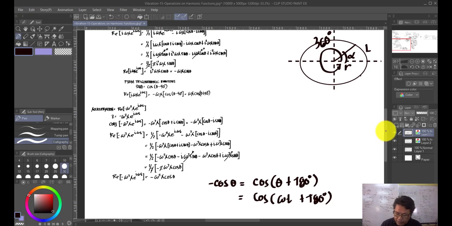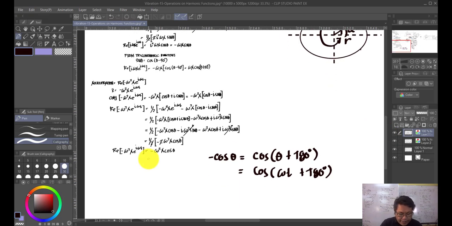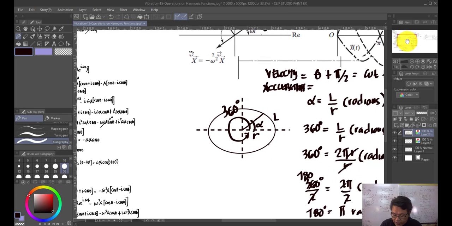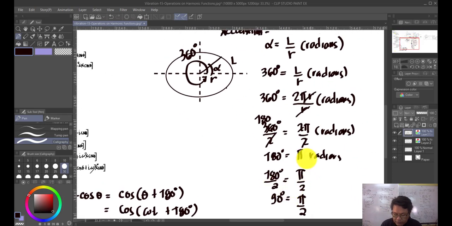Now we can rewrite my equation for the real part. If this is negative, it becomes a positive angular velocity squared times my amplitude, multiplied by cosine of angular velocity times time plus 180 degrees. And 180 degrees is equal to pi radian.